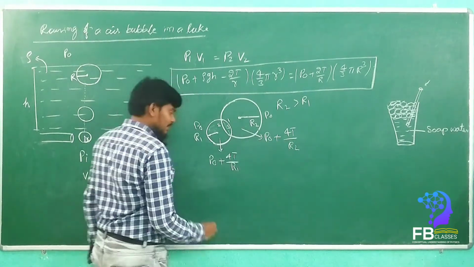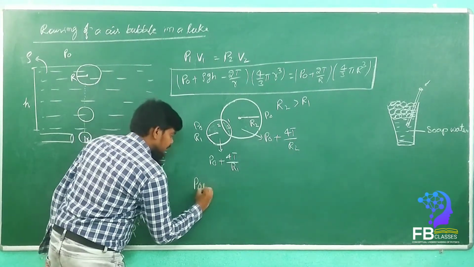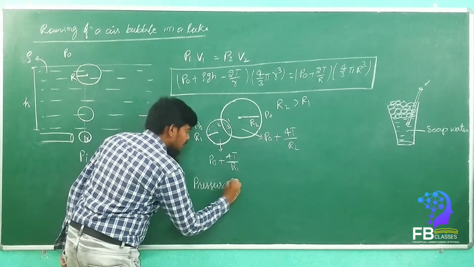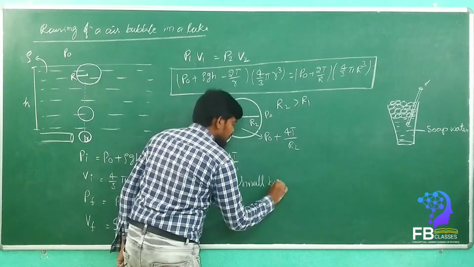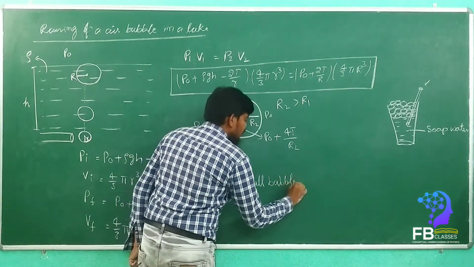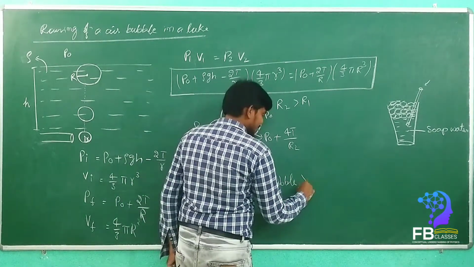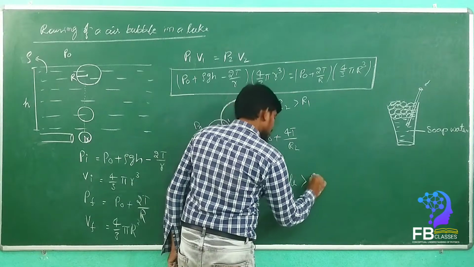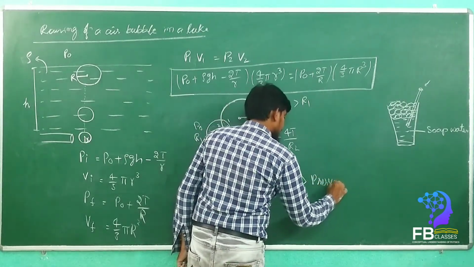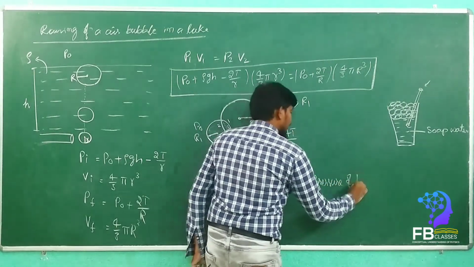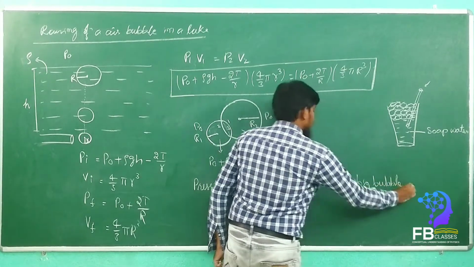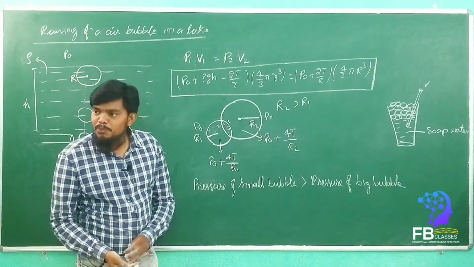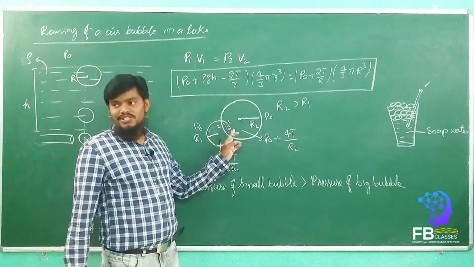That means the pressure of the small bubble is greater than the pressure of the big bubble. Do you understand? So which layer is formed now? The first layer. Yes or no?